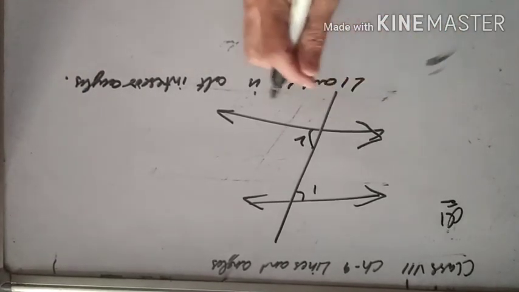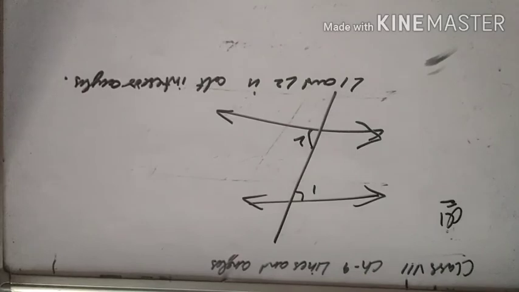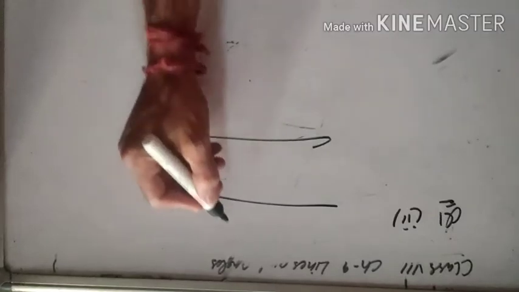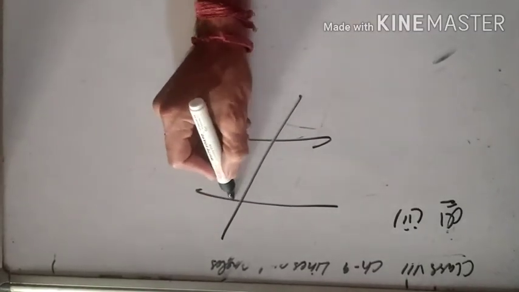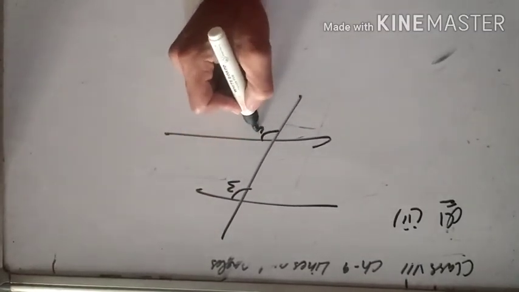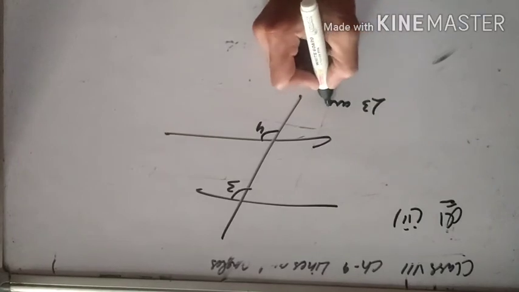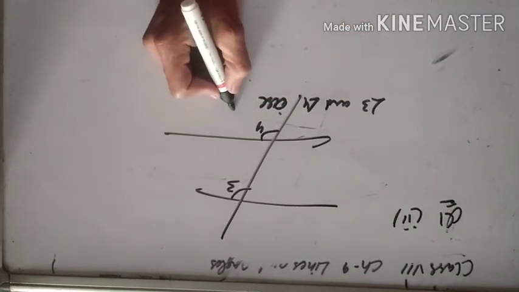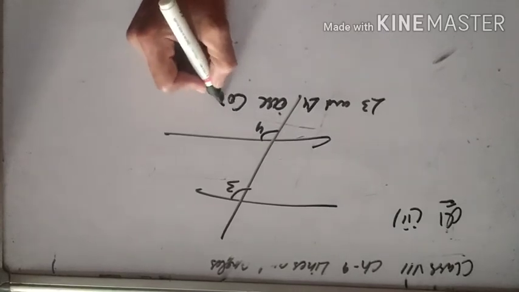Second part: a figure is given. Angle 3 and angle 4 are corresponding angles.